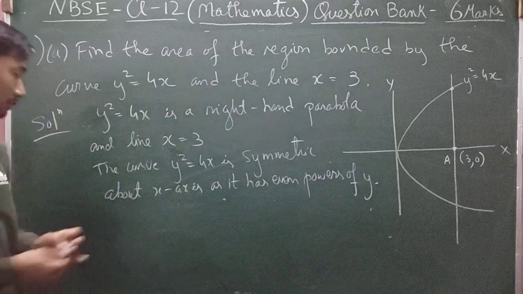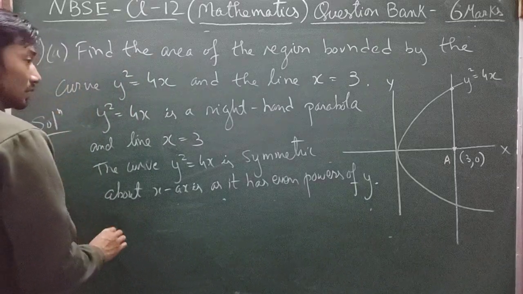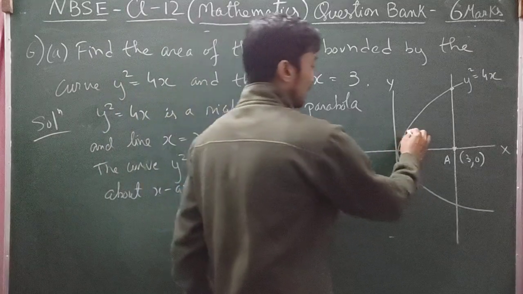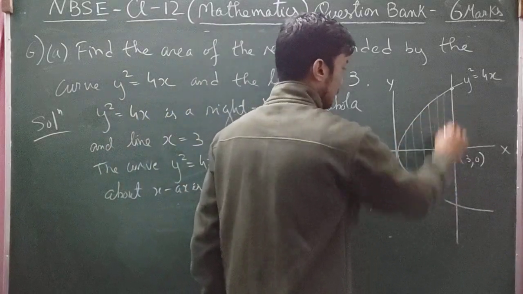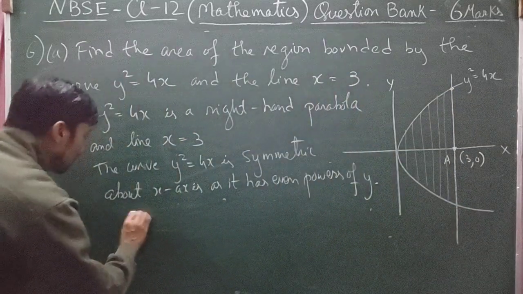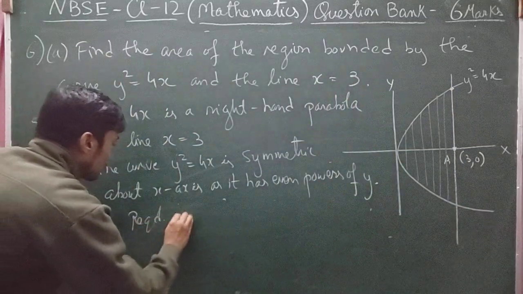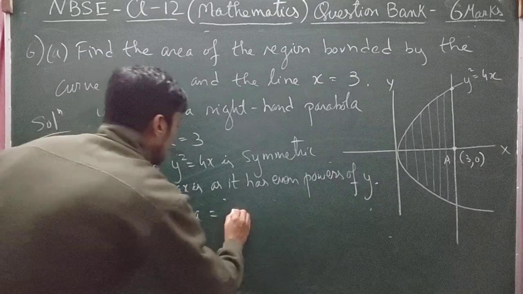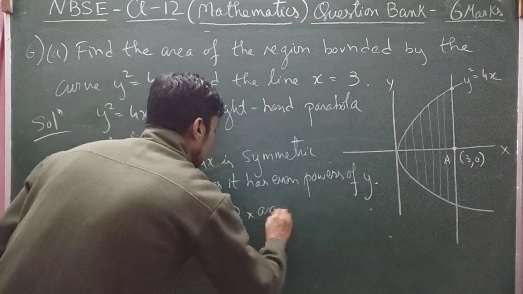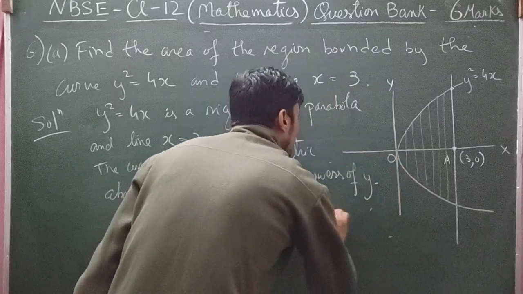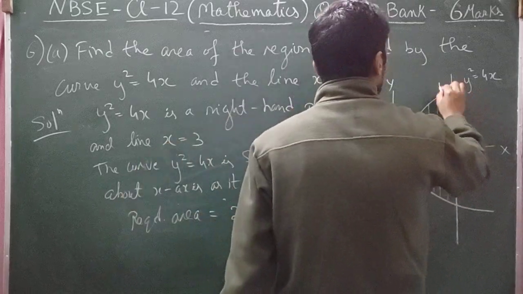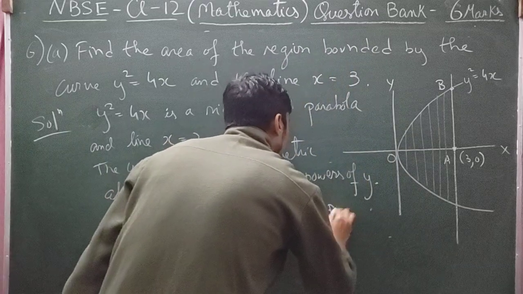So now that's simple. So let's say, since this is perfectly symmetric, our area is going to be like this. This whole area. So required area will be like 2 times of area of OABO.